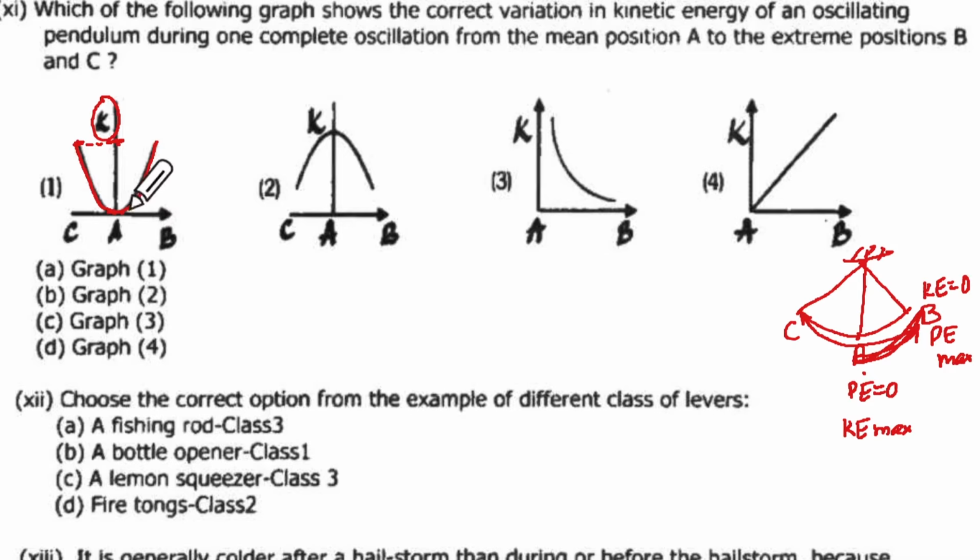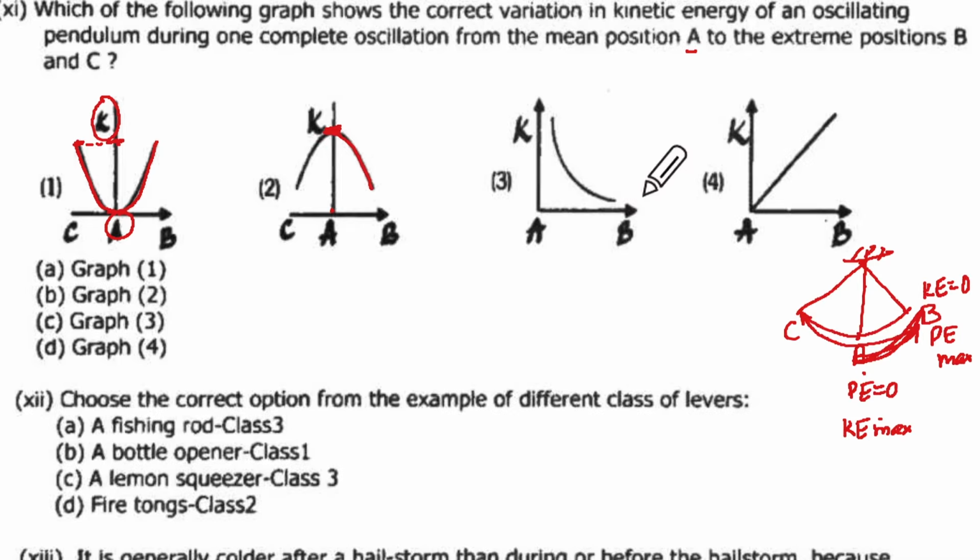One minute. Now, yeah, one second. They said mean position is A. So A is mean position. At mean position, at A it should be maximum here, right? Yes, sir. Yeah, so this is your maximum kinetic energy, and then it is going from maximum to minimum, correct?